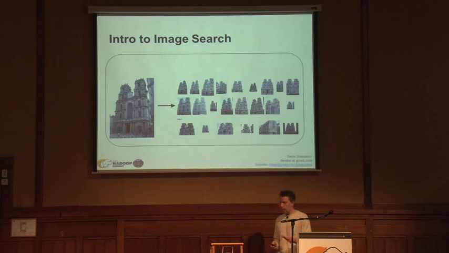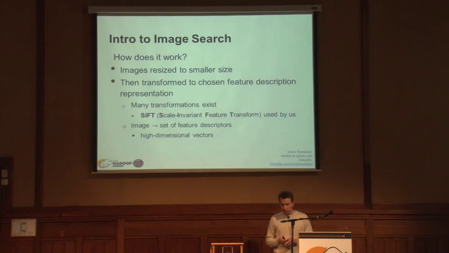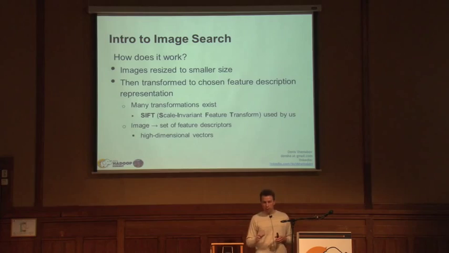Okay, so again, I will talk about content-based image search. I'll provide you with some details about how it actually works. So what's happening behind the user interface? Technically you have an image collection, and in most cases it's a rather technical step, but quite essential: you resize all the images to a certain size.